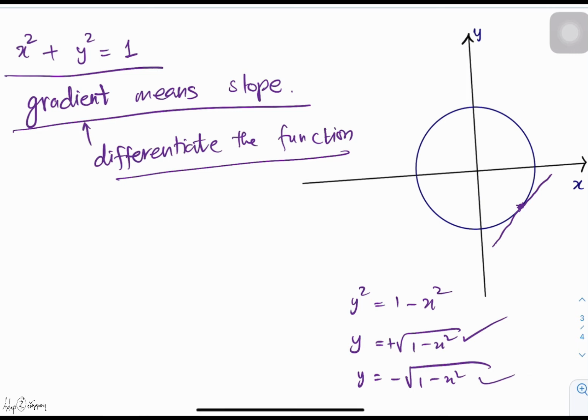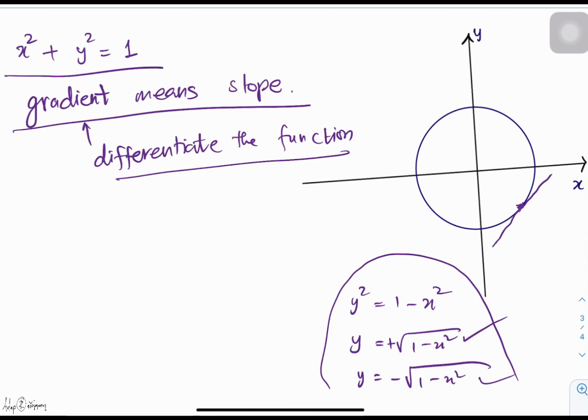So instead of going with this method where you are changing it into an explicit function, why not keep it as an implicit function and differentiate? So how would I differentiate this? To go on with this question, finding the gradient, I need to differentiate it.